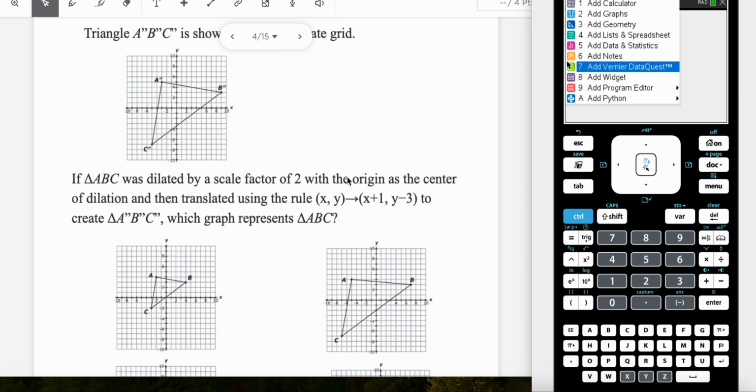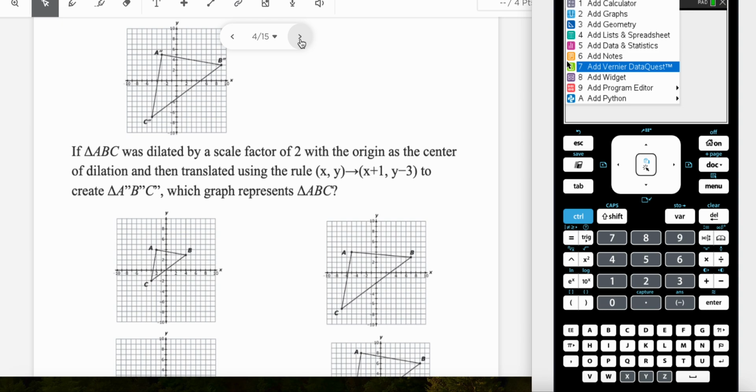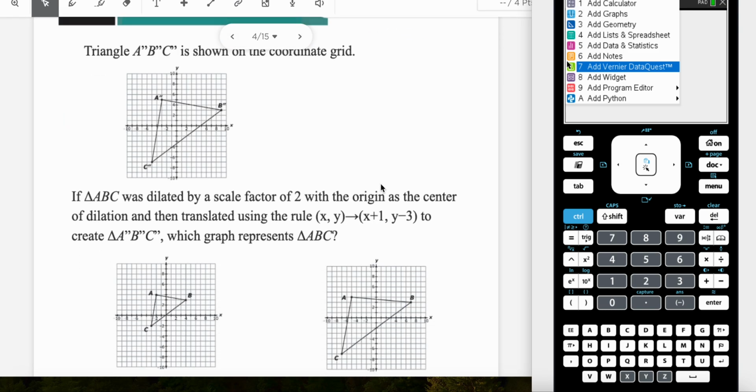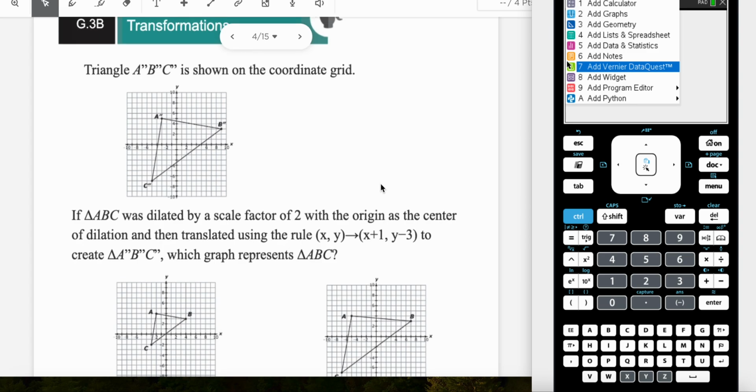Let's go here. All right, we have one more to do on this one. The triangle A prime prime, B prime prime, C prime prime is shown on the coordinate grid. So A prime prime, B prime prime is shown, which means that this is the after. This is the image. This is after it was transformed.